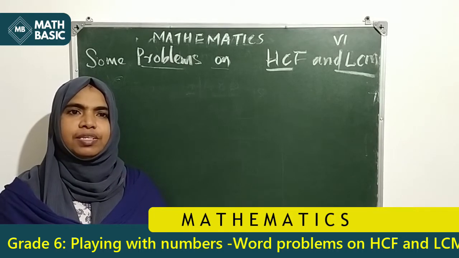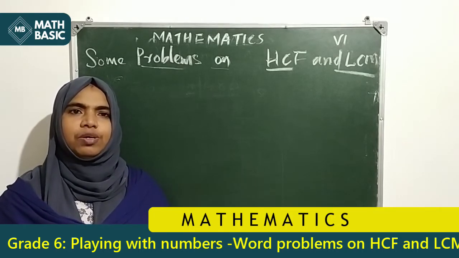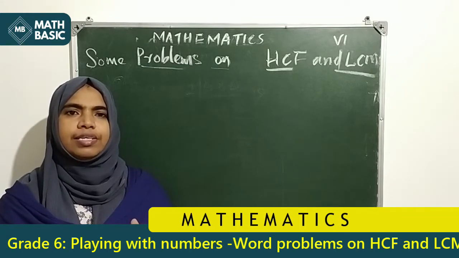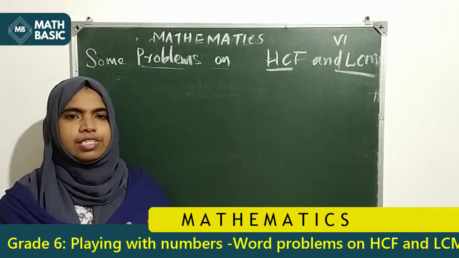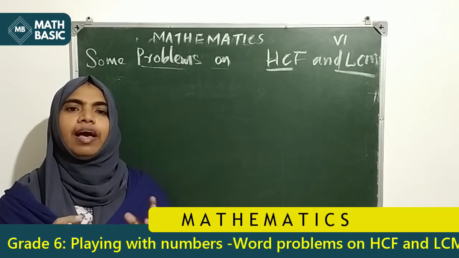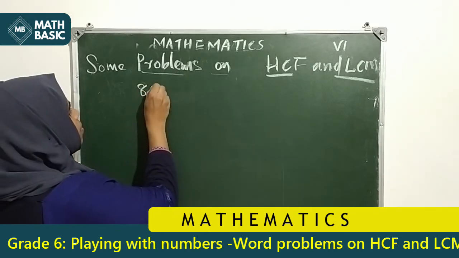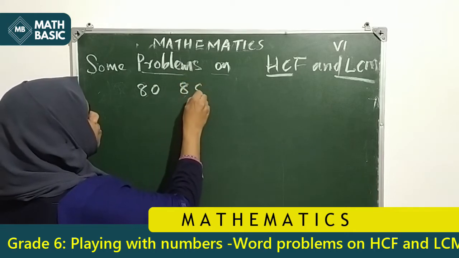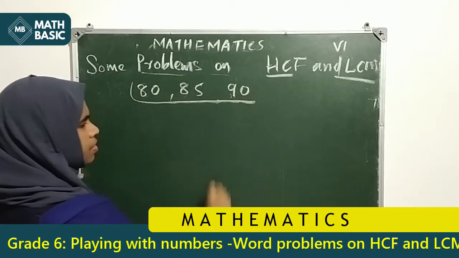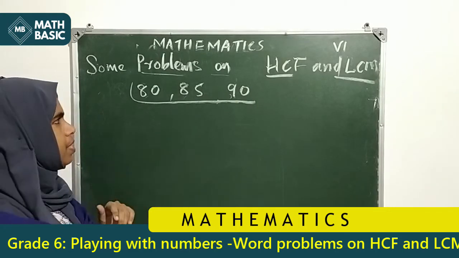To find the minimum distance, the required distance each should walk would be the LCM of the measures of their steps, that is the LCM of 80, 85 and 90. To find LCM, we know this.